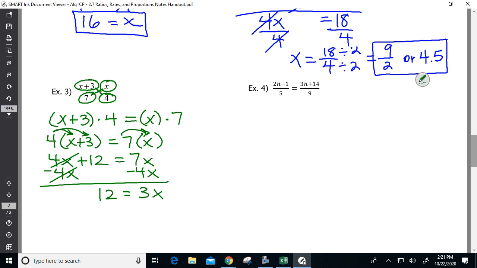What do we do to finish the problem? Divide by 3. Good job. 12 divided by 3 gives us 4.